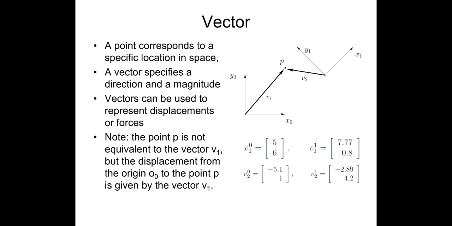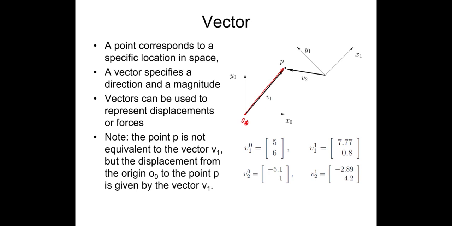But the vector from O1 to P, we define this vector as V1, and we want to know that the point P is not equivalent to the vector V1, because P means the position of P in the frame 0, but V1 means the origin O0 to the point P given by the vector V1.